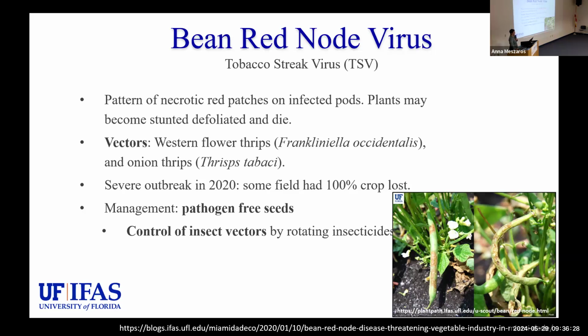And there was a severe outbreak in 2020 here, with some fields that reported losses of up to 100%. So that was a very important disease in 2020. In terms of management, it's recommended to use certified seeds and also to control those vectors that are the thrips.